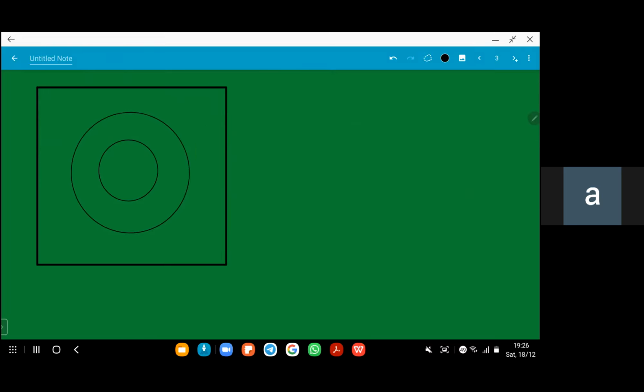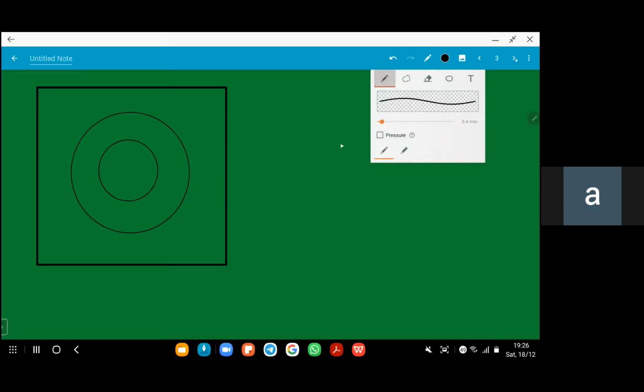Well, this is my picture. You can see whatever information is given to me: both are highly conducting shells. Without this, you cannot start.